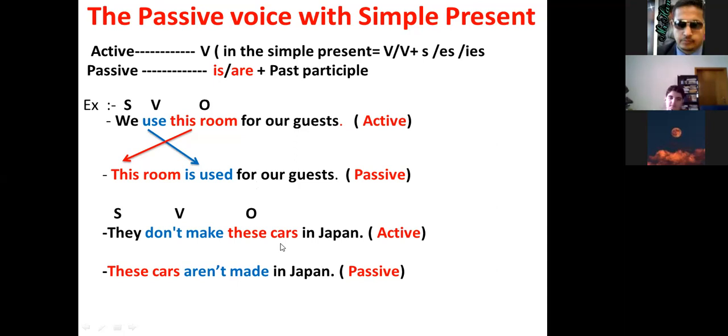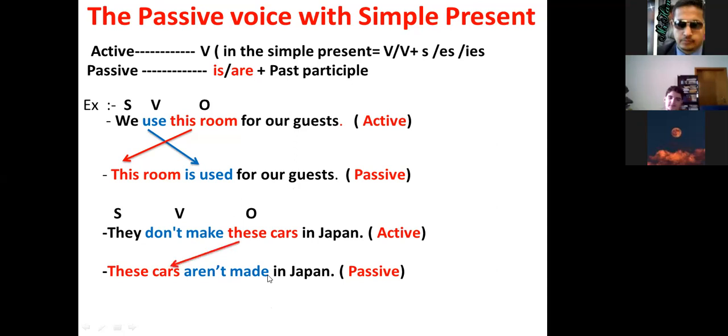I will put the object first. We start with these cards, the object. We check the tense. It's present simple. The object is plural, so we use are. It's negative, so we add are not, or aren't, and make the verb in past participle, made.